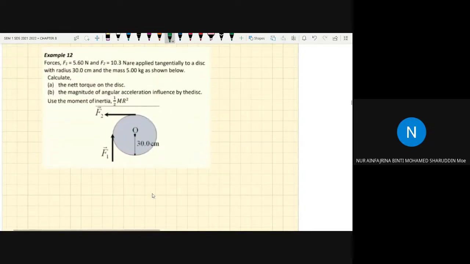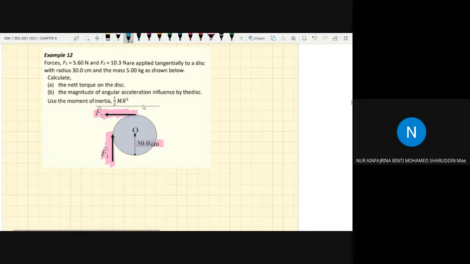Okay, now let's look at it. Force F1 equals 5.6 Newton, and force F2 equals 10.3 Newton are applied tangentially to a disc with radius 30 cm.